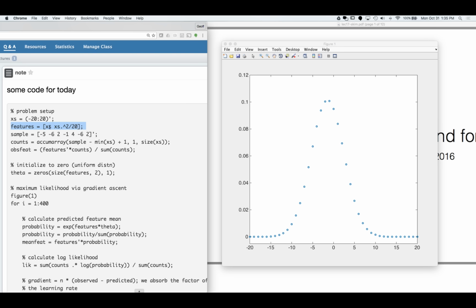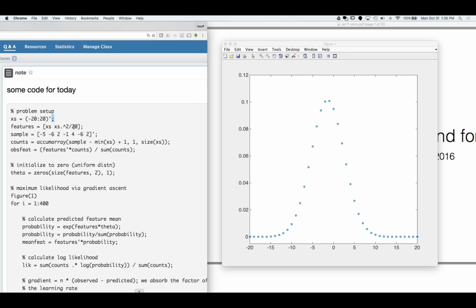It's the points and the points squared times a constant, right? That means this is the vector t that we looked at in the lecture notes last time. For every point in our domain here, there are 41 of them, I'm going to have a vector t which has the x for that point and the x squared for that point times a constant, right? And so this is the setup for maximum entropy.